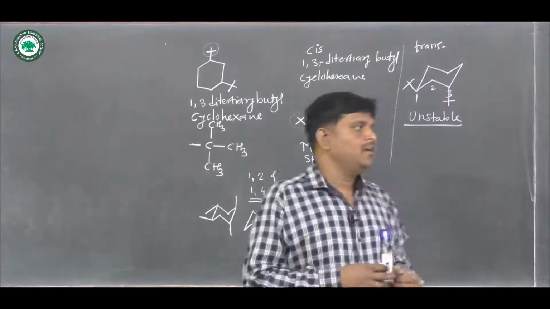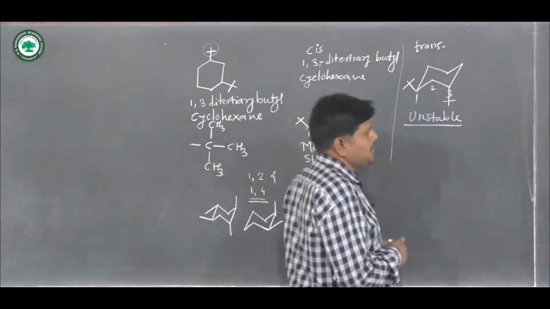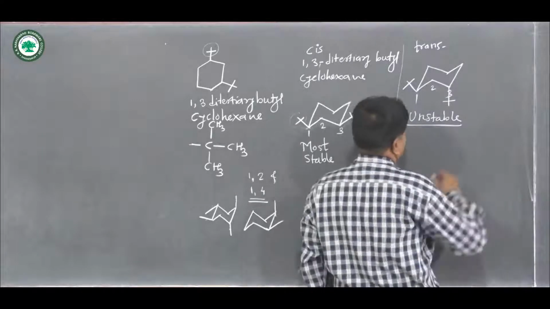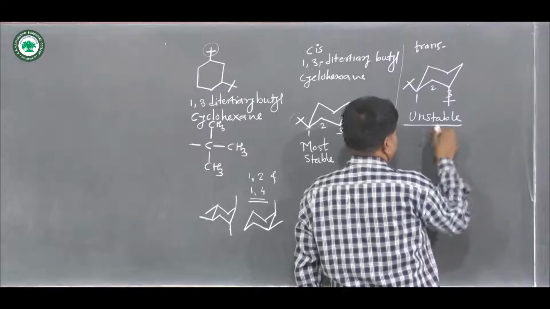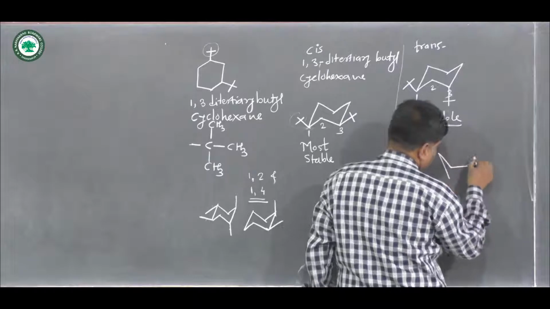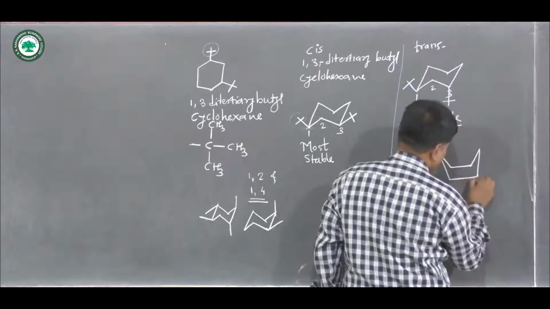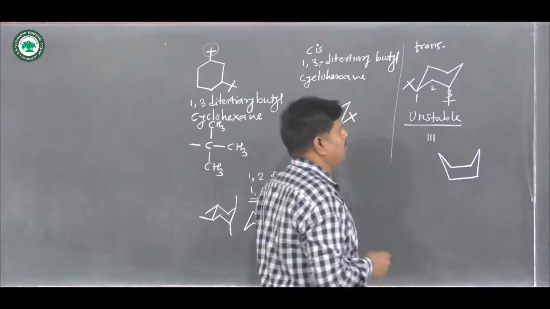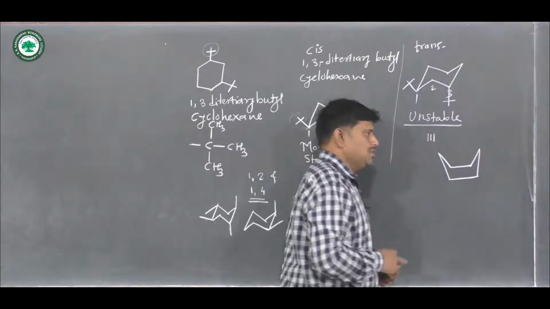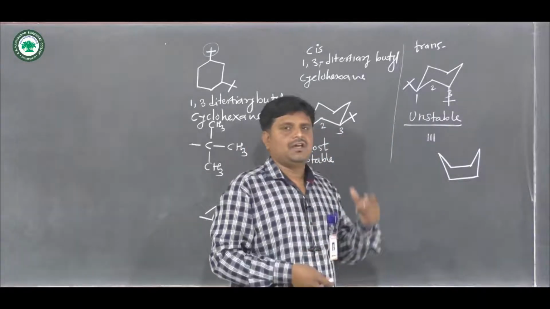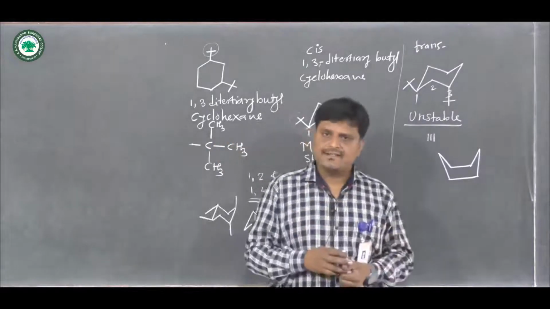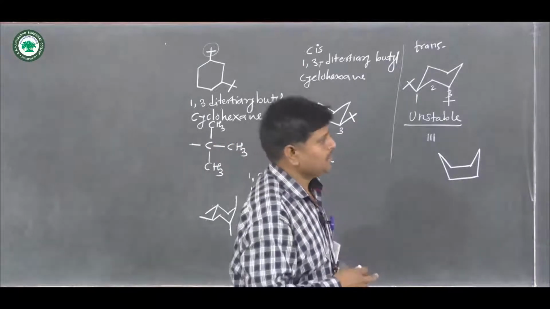But now here the chair conformation is converted into the boat conformation. You already know that if we change chair into boat, one side of the chair changes its substituent positions, meaning equatorial substituents go to the axial one and axial substituents go to the equatorial one.